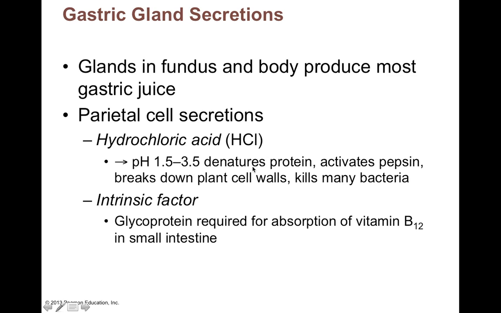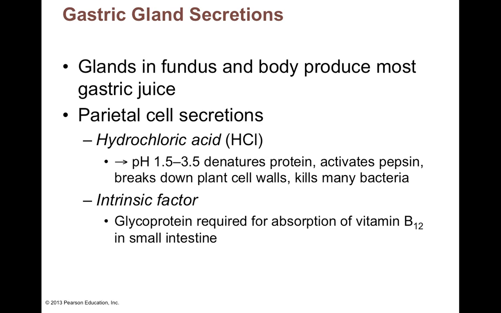Now, what's interesting is you might wonder, well, why would you want your stomach to be so acidic? Well, first of all, it denatures protein, right? So it causes the protein that you ingest to start to unfold. Because if you all remember going back to A&P 1 or even previous classes, we learned that proteins form into three-dimensional shapes, right? And what holds those proteins together in a three-dimensional shape are hydrogen bonds.